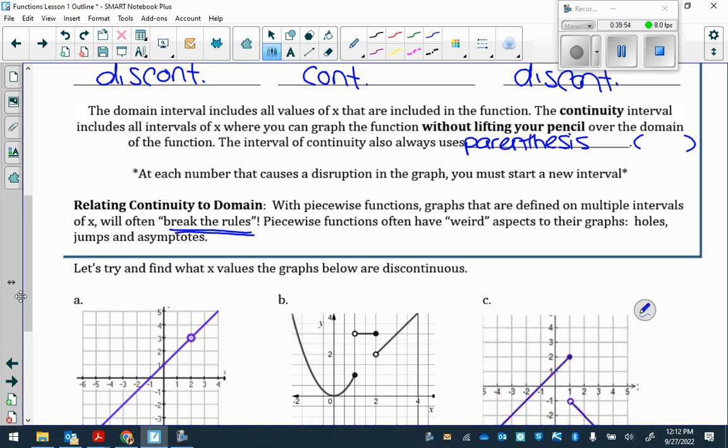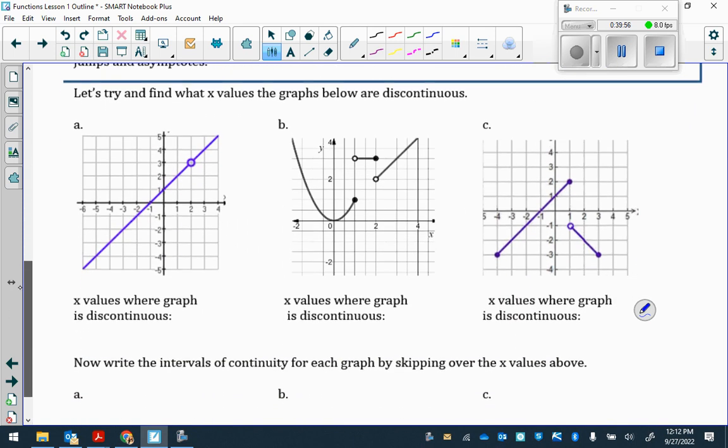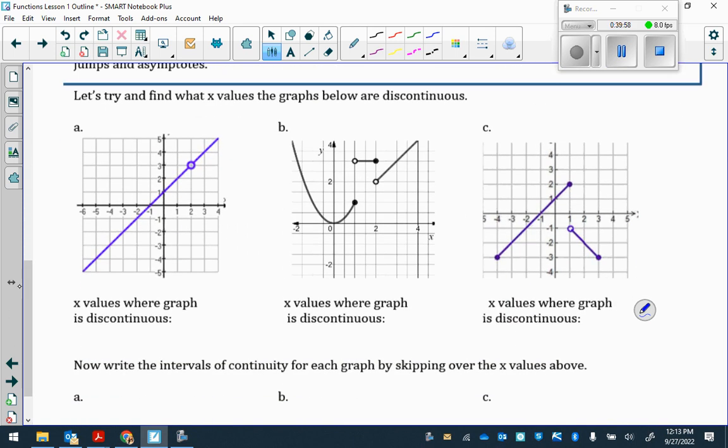So if we look at A here, x values where the graph is discontinuous would be where? Yeah, it's 2, when x equals 2. How about for B? Where is it discontinuous, where you have to lift up your pencil?